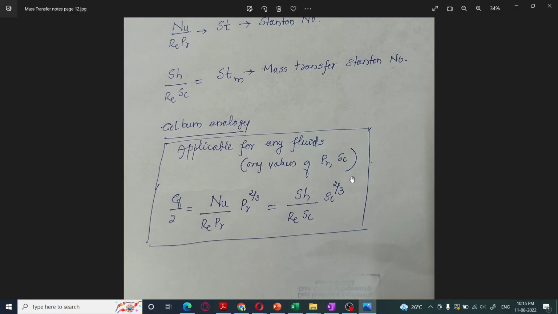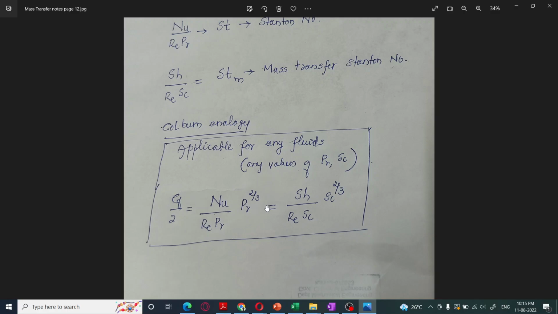One thing we should remember is that this analogy can be used to calculate, for example, the heat transfer coefficient for a particular fluid whose Prandtl number is known, if you know the friction coefficient.